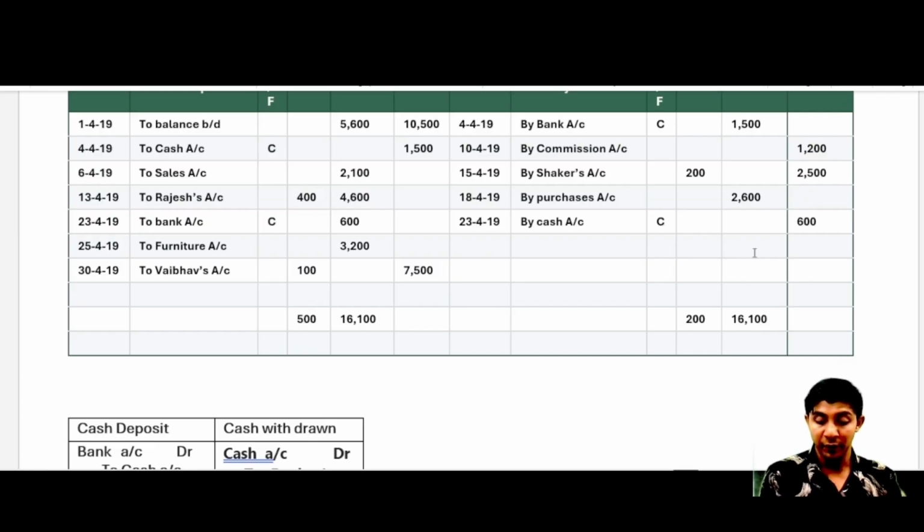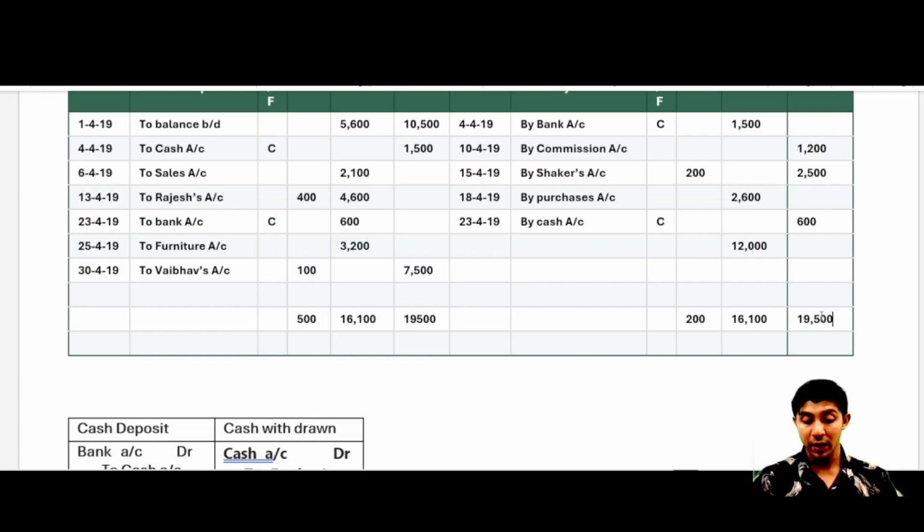balance of cash will be 12,000। Similarly, we'll do the total of bank column debit side, that is 10,500 plus 1,500 plus 7,500, so the total is 19,500. ये ज़्यादा है, जो ज़्यादा है हम दोनों तरफ लिख देते हैं 19,500. और from this 19,500 we need to subtract 1,200 minus 2,500 minus 600. तो क्रेडिट साइड के पूरे अमाउंट हम माइनस कर दिए.